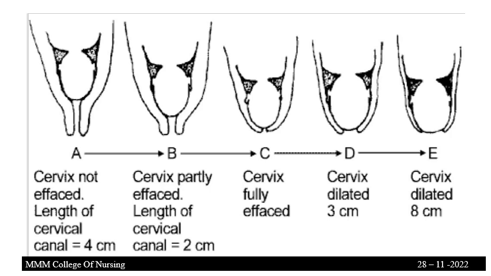In the first picture, the length of the cervical canal is 4 centimeter, and in the second picture, the length is 2 centimeter. In the third picture, the cervix is fully effaced. In the fourth picture, it is 3 centimeter dilated. After complete effacement, it is getting dilatation here, 3 centimeter. In the fifth picture, it is almost complete, which is 8 centimeter dilated.